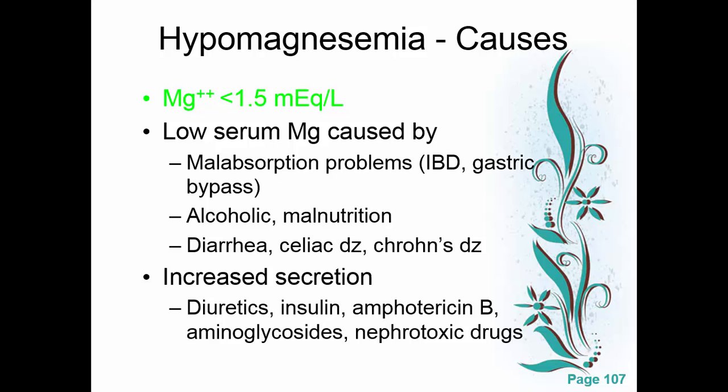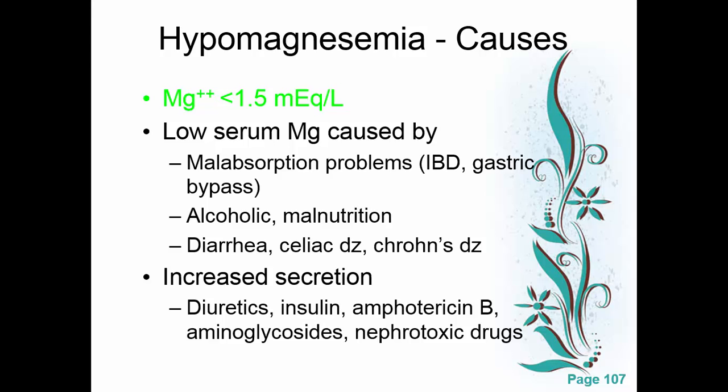Causes of hypomagnesemia is going to be malabsorption problems such as inflammatory bowel disease, gastric bypass, alcoholics that are going through withdrawal. Glucose moves into the cell, pushing magnesium into the extracellular fluids where kidneys excrete it. Could also be from malnutrition, diarrhea, celiac disease, and Crohn's disease.